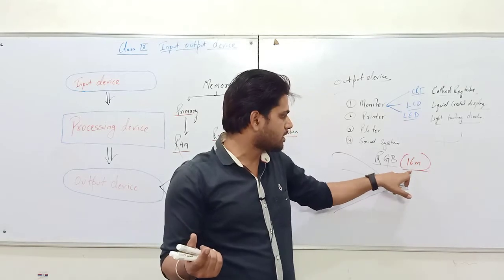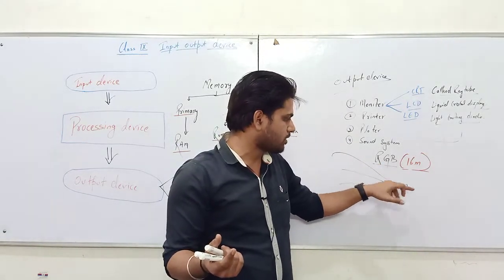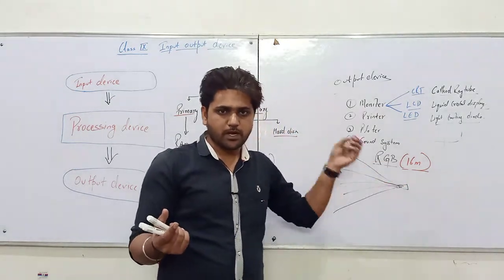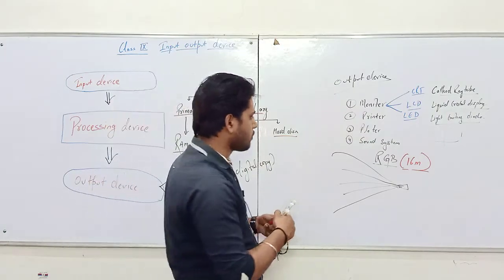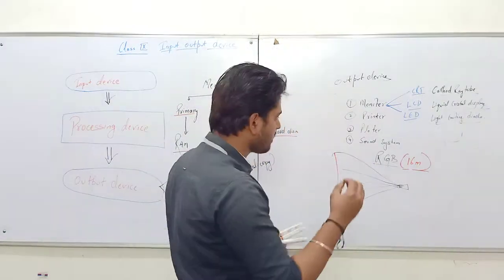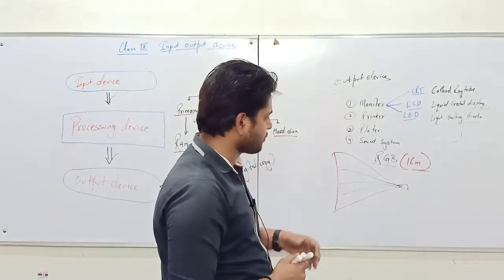The formation of these colors is made with the help of RGB, in which a torch-like structure is present in the cathode ray, which used to emit light on a photoelectric plate present at the front, and the formation of an image took place.